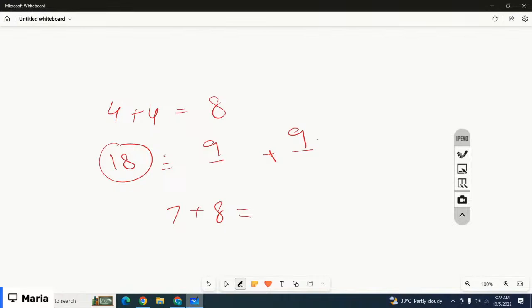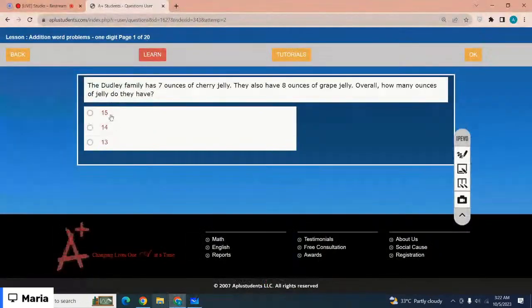Start with 7 and count 8 more. So 8, 9, 10, 11, 12, 13, 14, 15. So 7 plus 8 equals 15. That means in total they have 15 ounces of jelly. The correct option is 15.